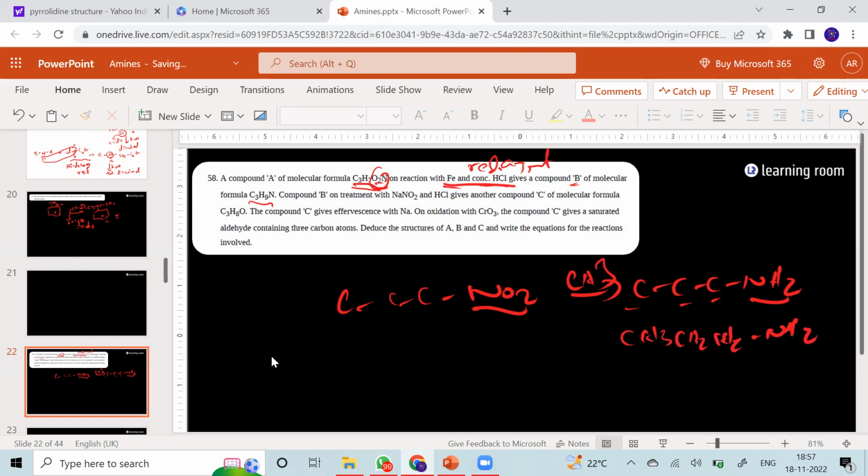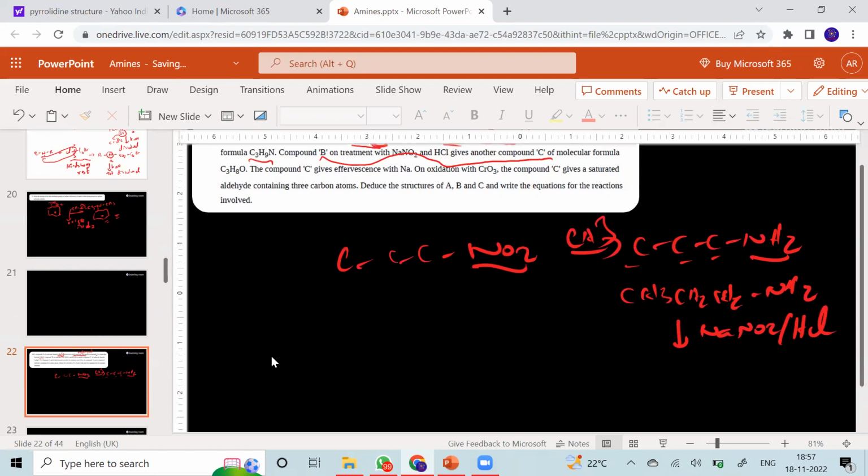Compound B on treatment with NaNO2 plus HCl gives another compound C. That is your diazotization reaction. This is going to form CH3, CH2, CH2, N2 plus Cl minus. But please understand that aliphatic diazonium salts are very, very unstable. So they will not stay like this.